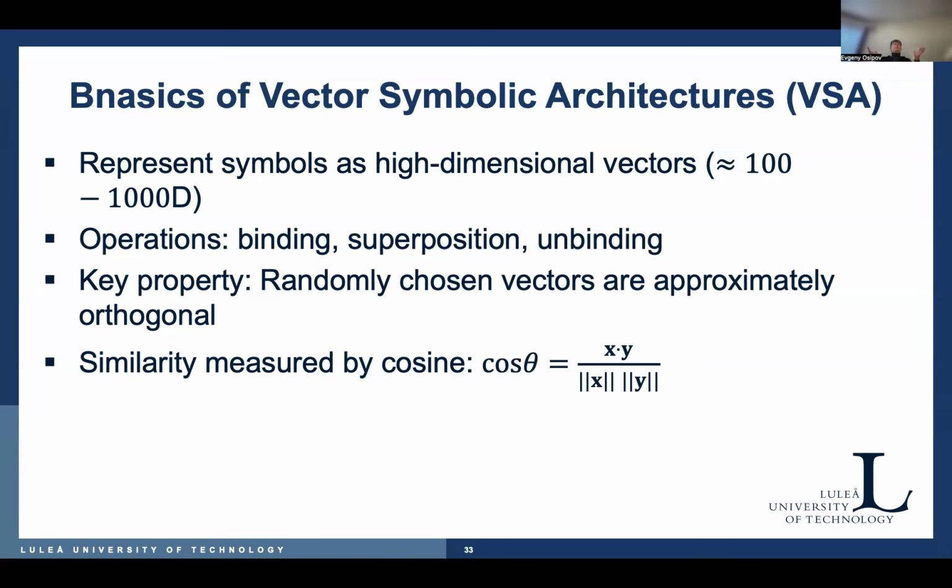So basically, the cosine of it should be 0, which means 90 degrees, orthogonal. Similar concepts, or the same concept, are two vectors that are exactly the same, so the cosine is 1. And somewhere in between, you have this gradual similarity between concepts.